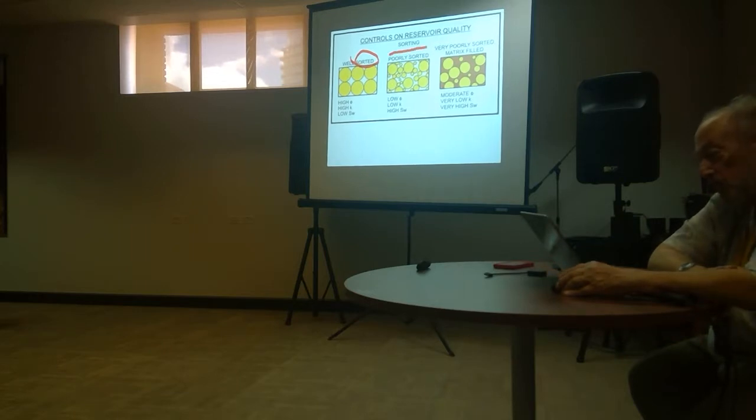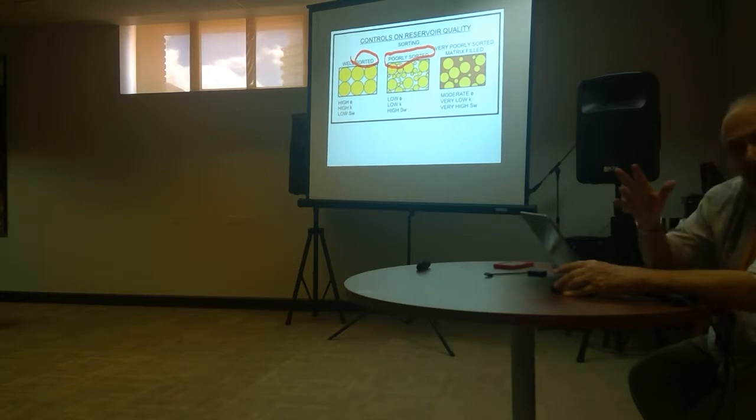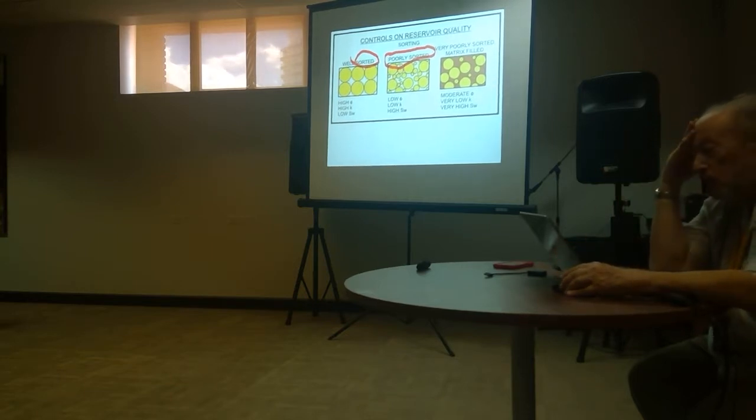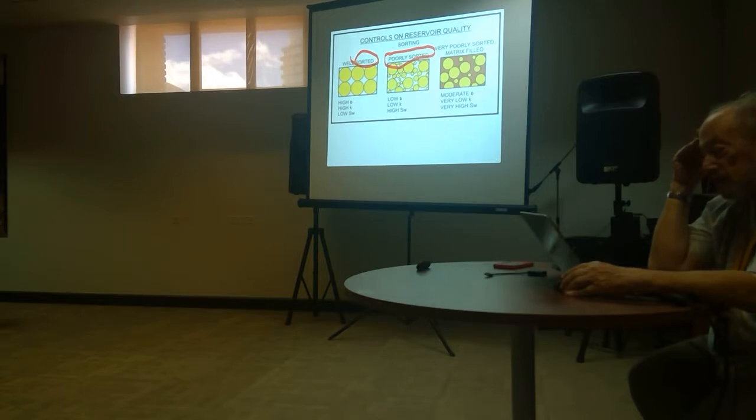A poorly sorted sand is where the grains are quite a range of grain size. And then here's one with a muddy matrix, very poorly sorted with a muddy matrix and lots of grains of variable size.